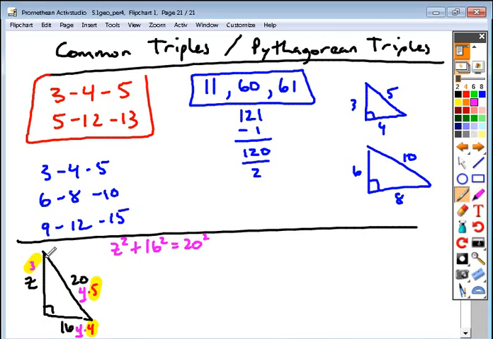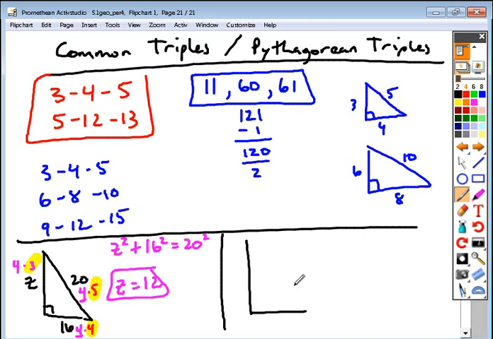So you know that this side z is going to have the number 3 from the pattern, and then what's the common multiplier going to be? 4. And so your answer winds up being 4 times 3, which is 12. So being able to use the properties of common triples and multiples of them can simplify your work and allow you to do it with mental calculations rather than working through it with the calculator.